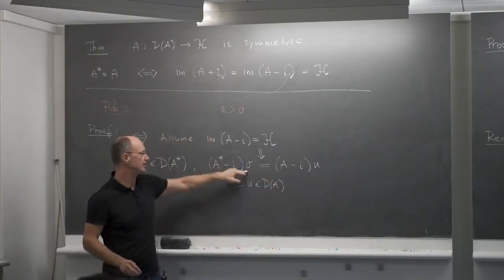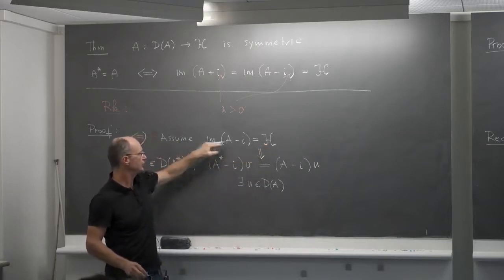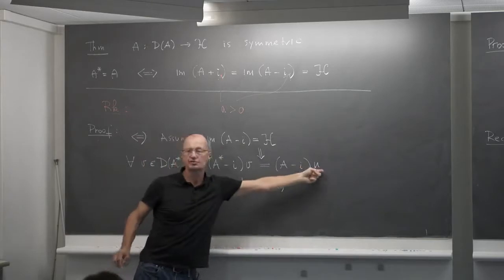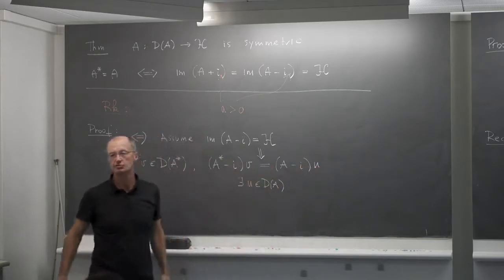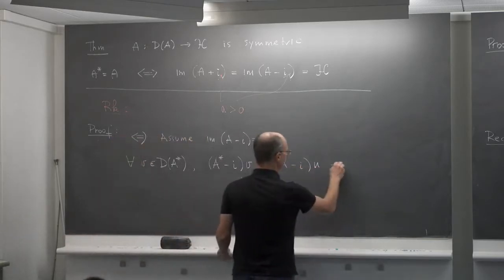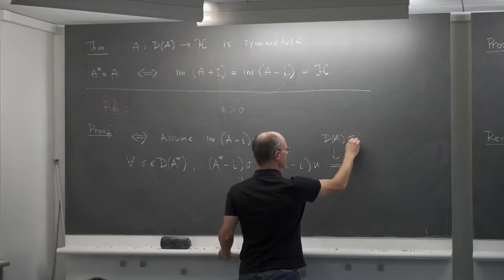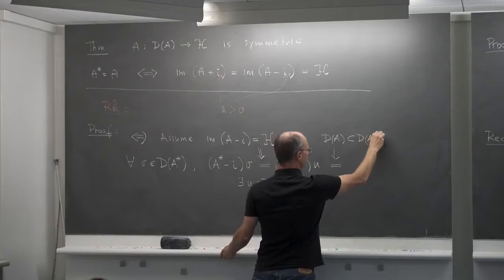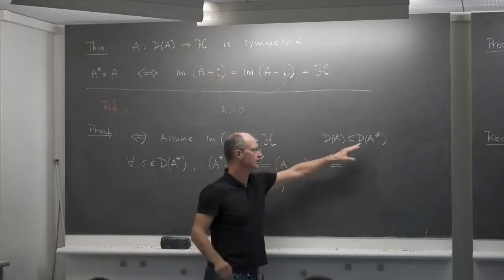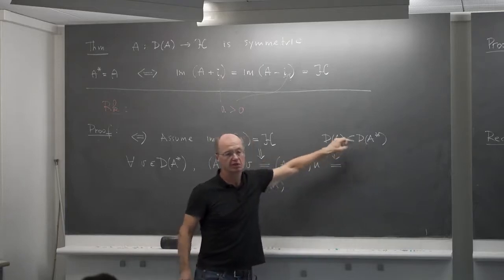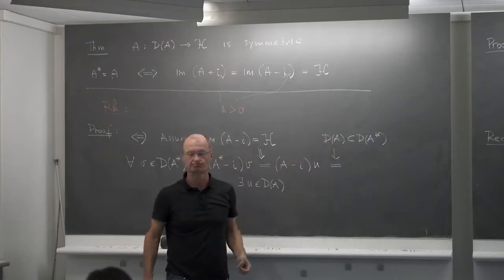So this is some vector of H, but H is the whole image of A minus I, so there is a vector u such that this is true. But then let me recall from the last time that the domain of A, if A is symmetric, is always contained in the domain of A star, and on the domain of A, A and A star actually coincide.